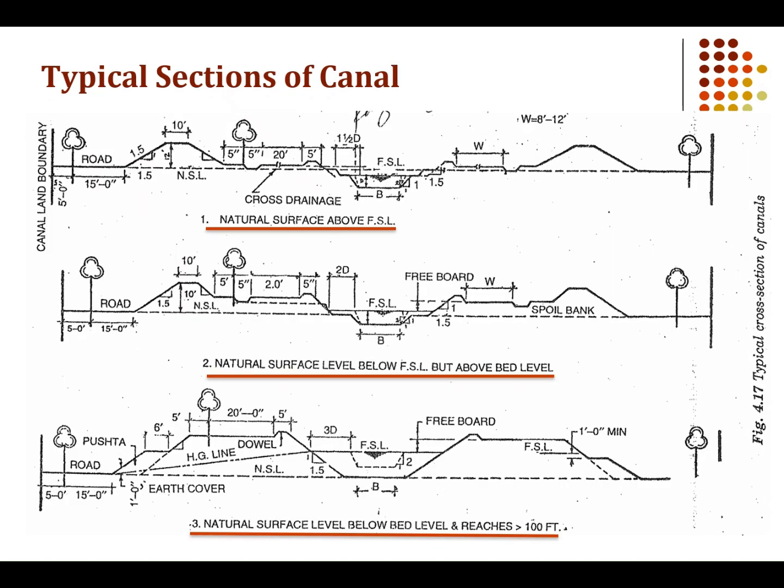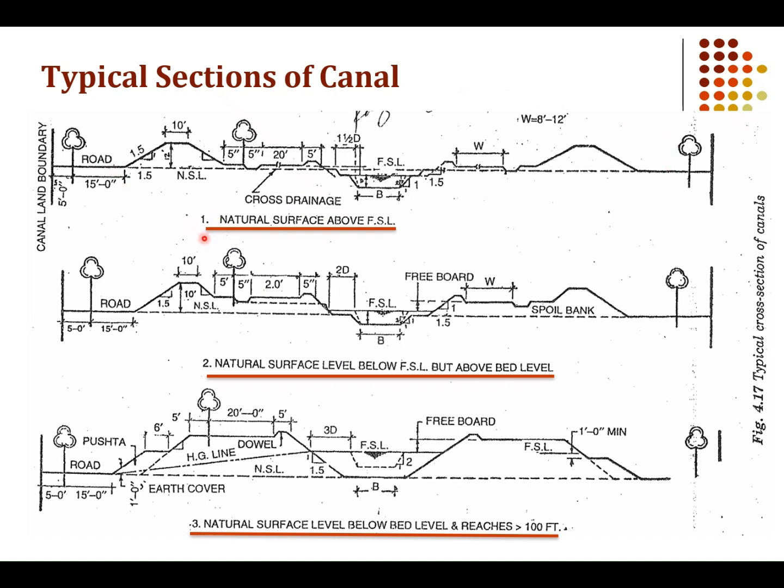Moving forward to the typical section of the canals, what we have designed is basically only this trapezoid, right here. As I said, a canal is much more than that. So the whole cross section, right here, is big.